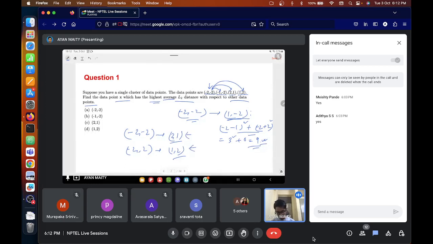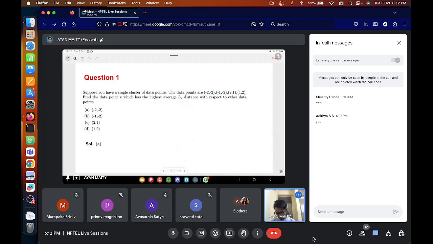Then again you take the point (-1, -2) and find the distance to all other 3 points, and take the average. You do this for all 4 points and find which has the highest value. This is not a very difficult question. If you compute it this way, you will get option A, (-2, -2), as the correct answer.